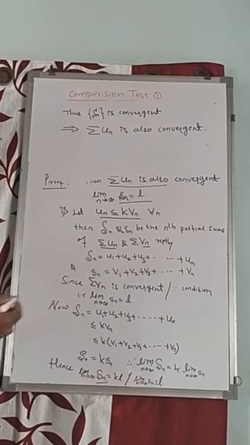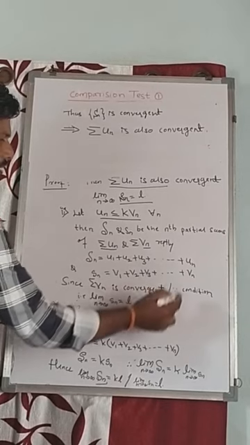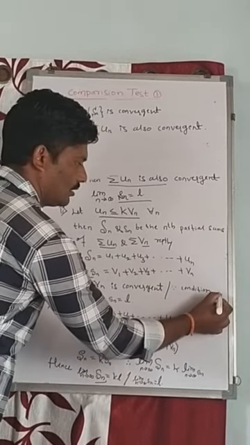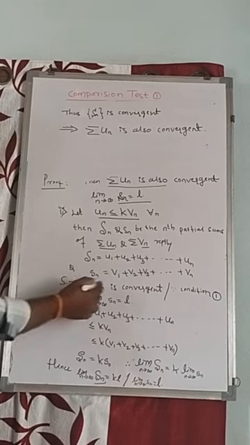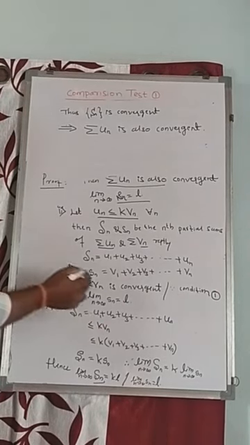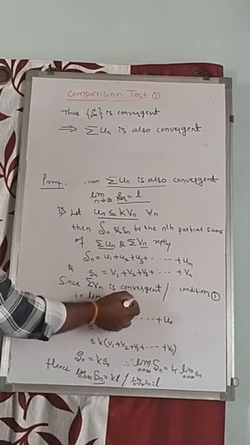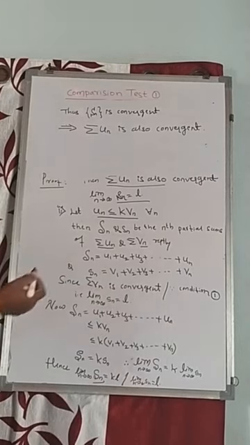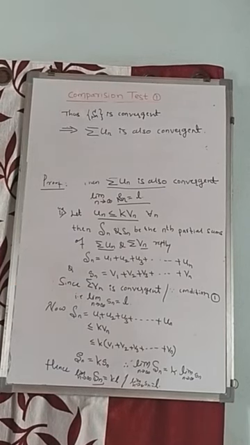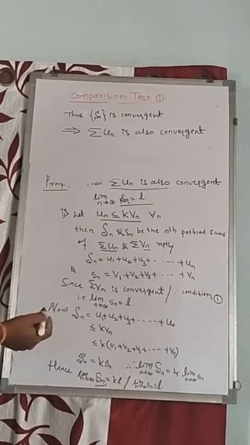Since summation of vn is convergent by condition 1, limit n tends to infinity small sn equals L, a finite and unique quantity.